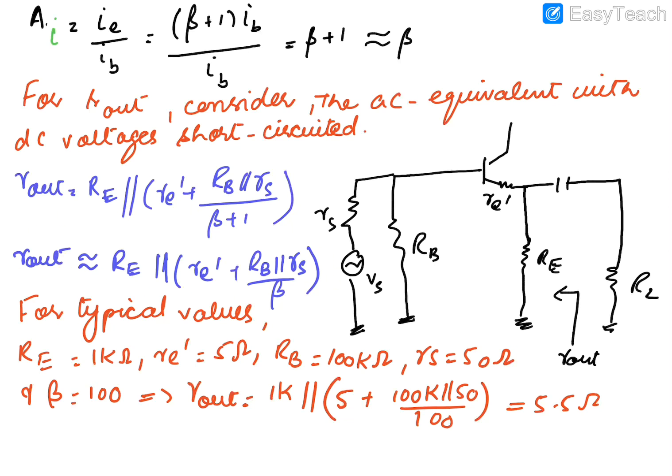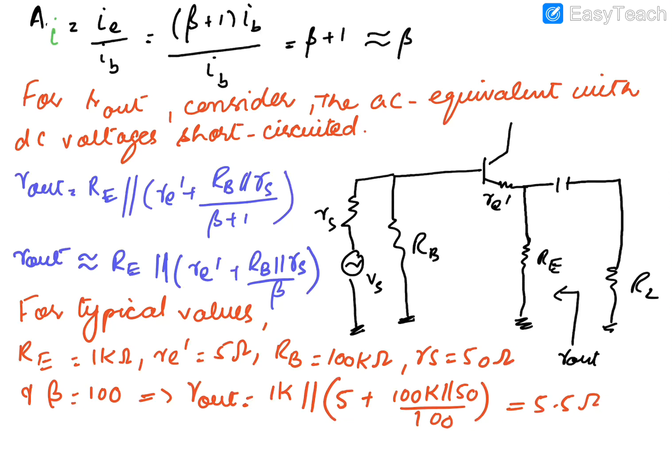You can also find the output resistance by the same method for the common emitter amplifier case. So for typical values of RE 1 kilo ohm, RE dash 5 ohms, RB 100 kilo ohms, RS 50 ohms, beta 100, Rout will be equal to 5.5 ohms.